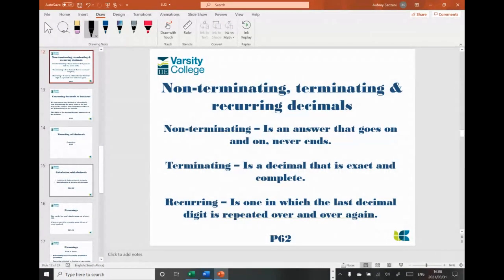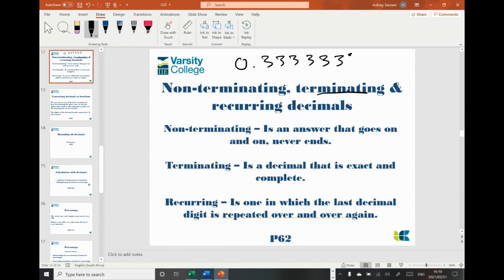Then here we're talking about non-terminating, terminating and recurring decimals. Non-terminating is where we have 0.3333 and it just keeps on going. That's what we call recurring, or non-terminating; it's pretty much the same thing.